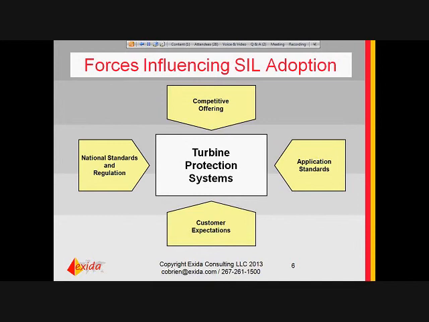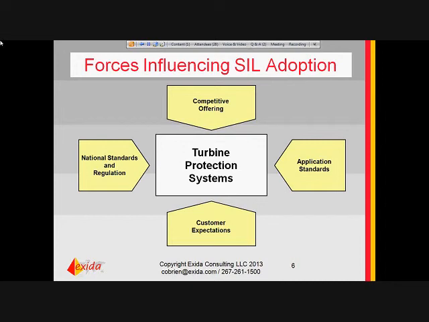What we're seeing at Exida is pretty broad adoption of applying SIL to power turbines and to industrial turbines. The things driving that are, starting on the left-hand side, national standards and regulations. Often, because there's natural gas involved in gas turbines, they're treated as high-hazard pieces of equipment. Or if they're in an industrial plant or refinery, that plant is implementing these standards, so the equipment logically gets reviewed.